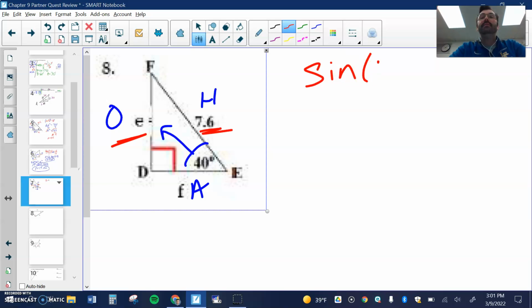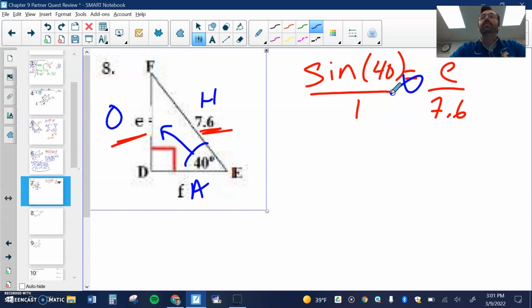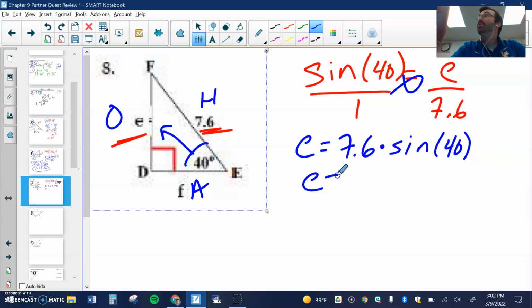So I went sine of 40 equals E over 7.6. Put this over 1. Cross multiply. E equals 7.6 times the sine of 40, which is 4.89. Now again, I can use the Pythagorean theorem, or I could do trig again.